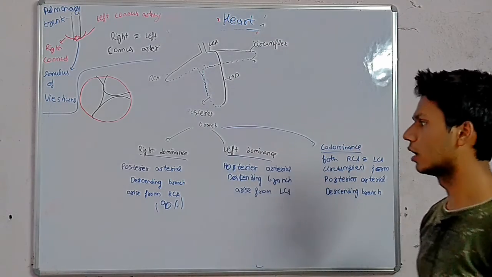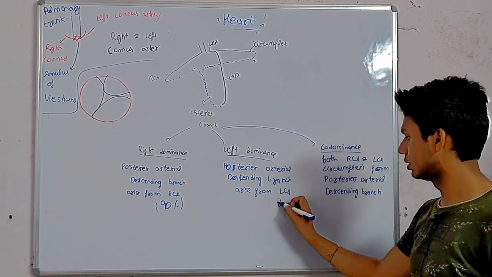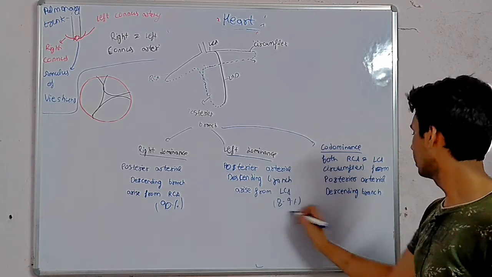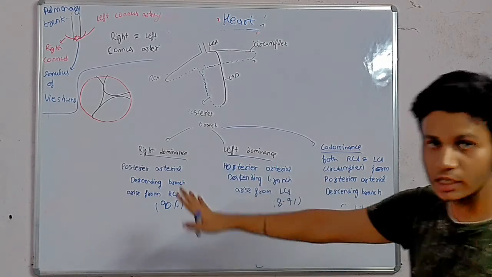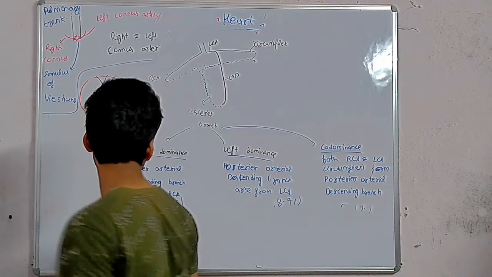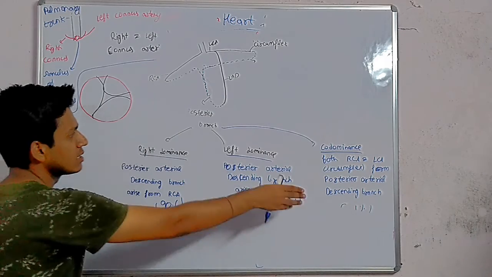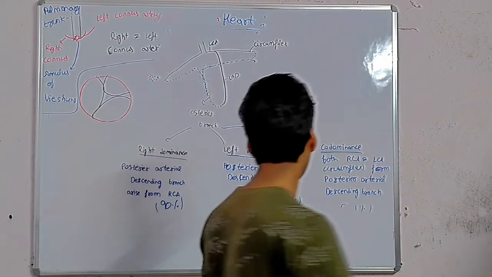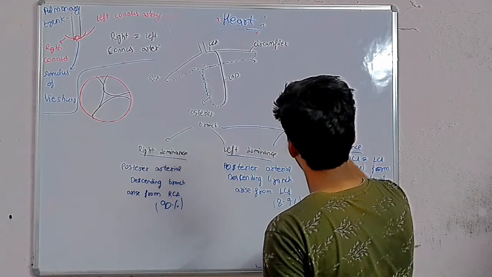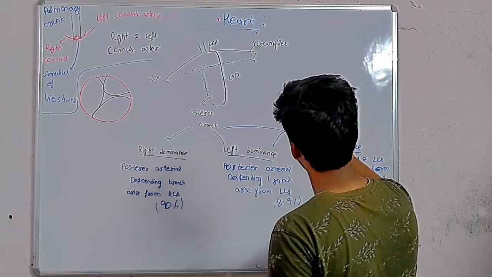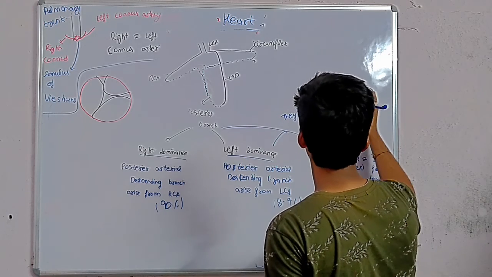Left cardiac dominance is 8 to 9%, and codominance is 1 to 2%. The right is the most preferred and mostly present, in about 90% of the population. It is the most preferred and safe. In the other cases it is not completely safe; these carry a risk of heart attack.